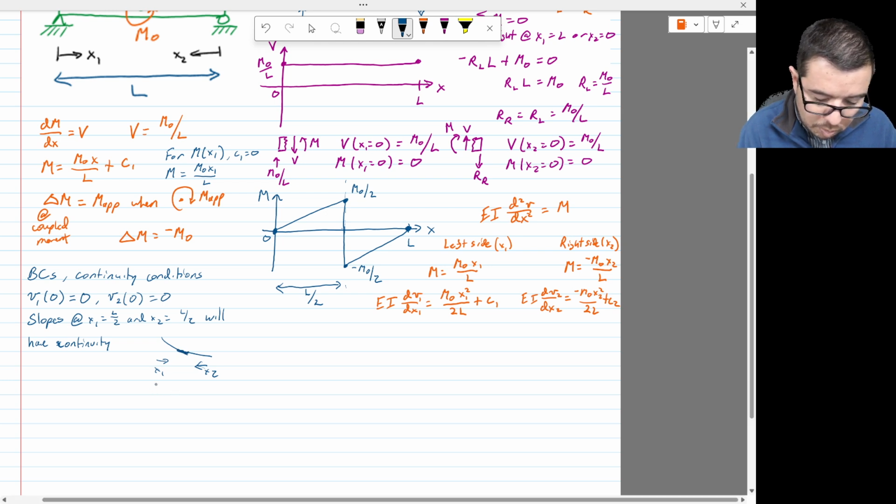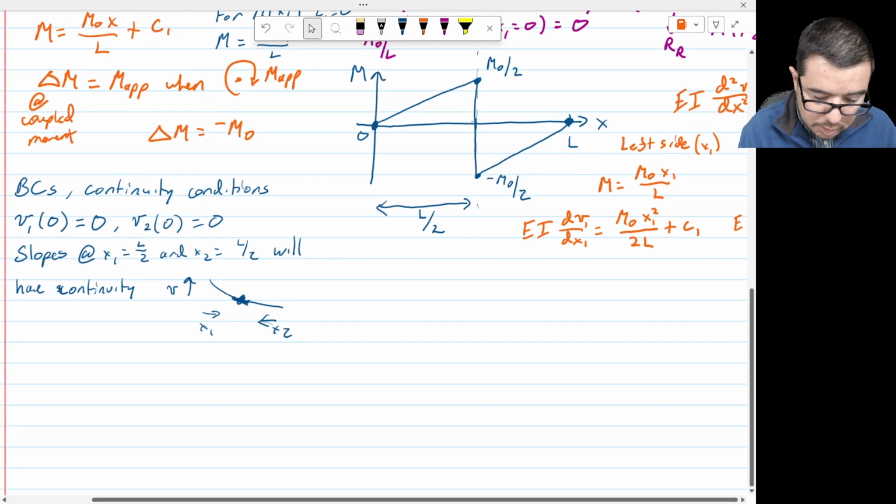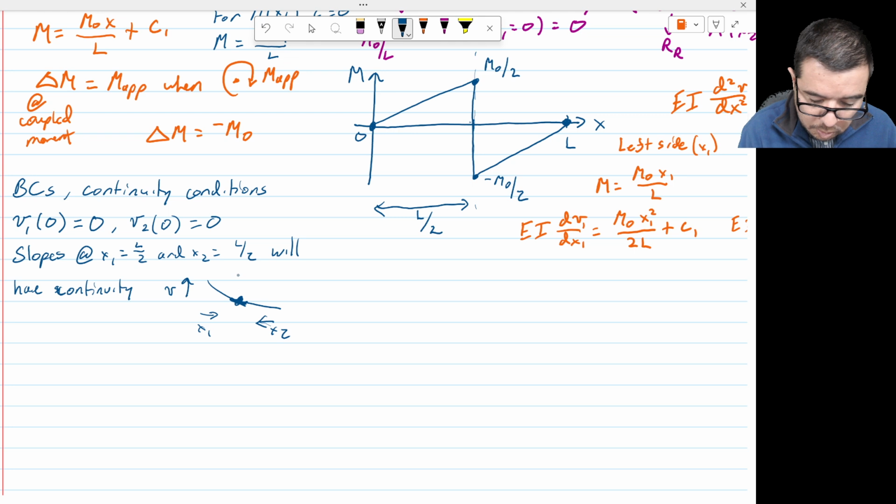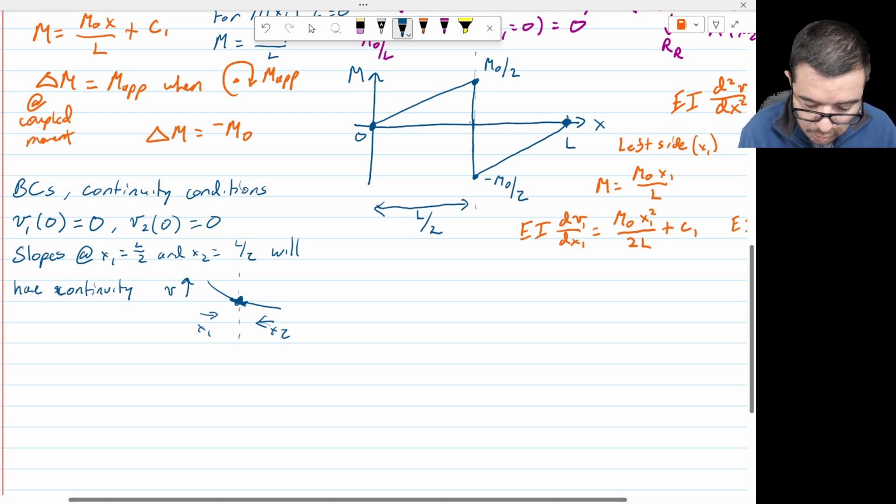So at this location, and this is little v, let's just call it A, we could say that the derivative of little v with respect to x1 at x1 equals A is going to be less than 0.